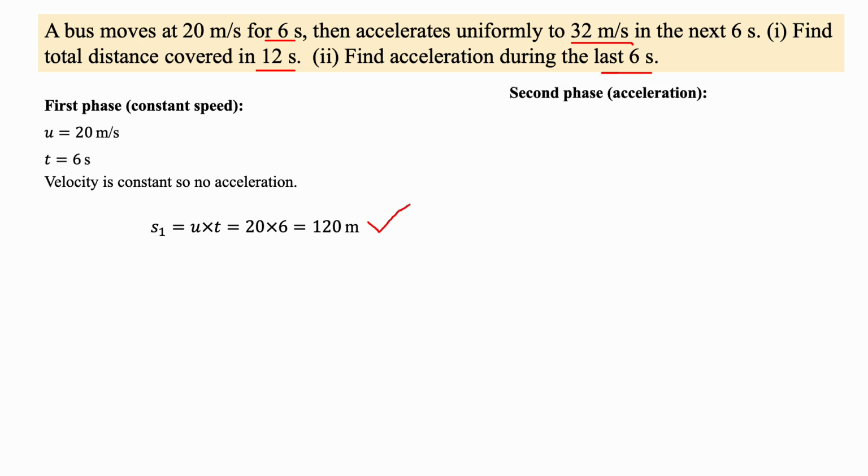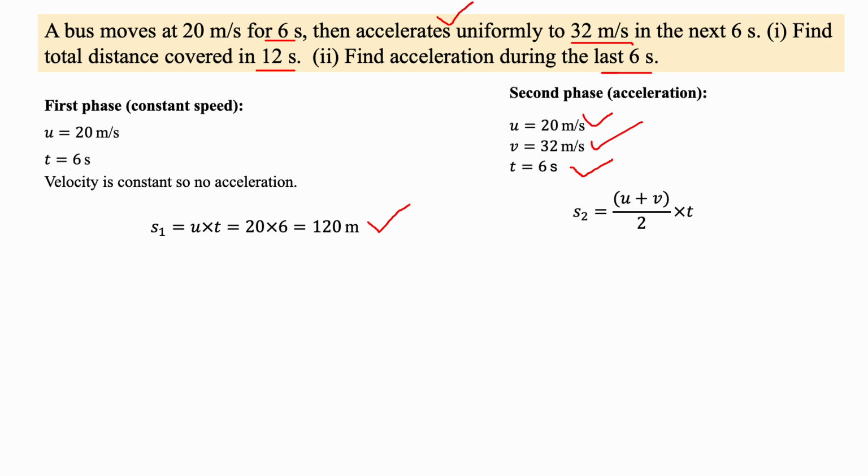For the second phase, when it starts accelerating, it accelerates uniformly, and the final velocity is 32 meters per second. So now u is 20, v is 32 meters per second, and time is 6 seconds. So S2 is equal to (u plus v) by 2 multiplied by t.